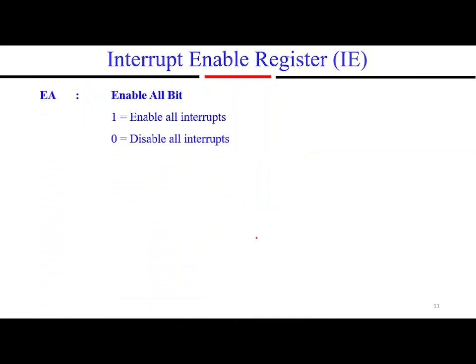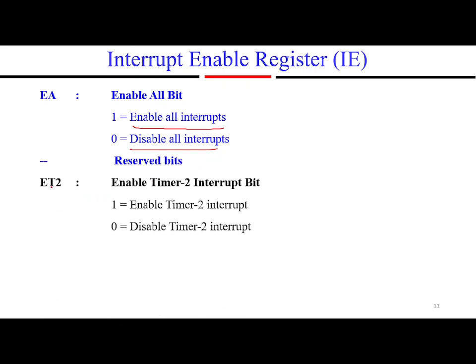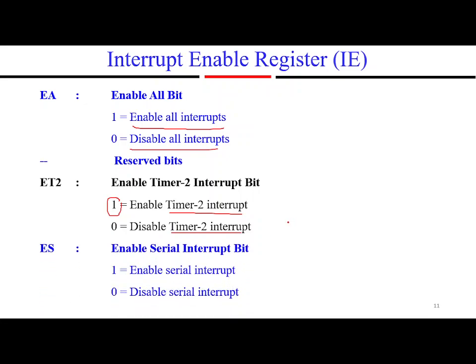So you can see here, if EA equal to 1, all interrupts are enabled. If it is 0, all are disabled. If the ET2 bit is made 1, it will enable the timer 2 interrupt, and if it is 0, it will disable the timer 2 interrupt. Same case with ES.